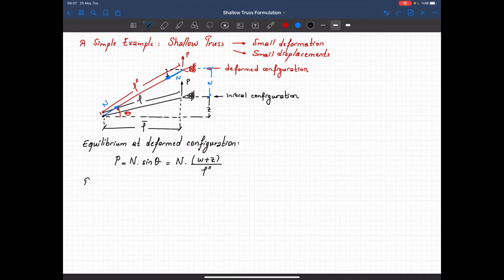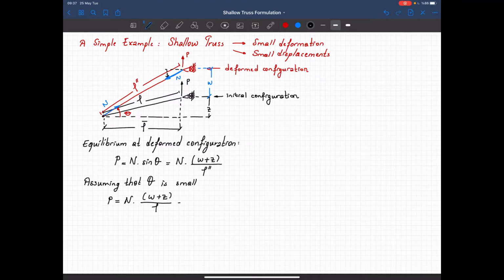Now, here we make an assumption, assuming that theta is small, then our equilibrium equation becomes P is equal to N times W plus Z divided by the original length.